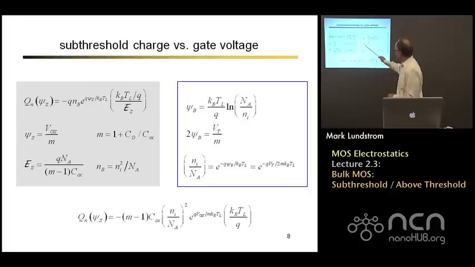So the relation between that band bending and the threshold gate voltage is just given by this simple voltage divider expression, which means that I can solve for Ni divided by Na. Actually, what I have is Ni divided by Na squared here. So when I solve for that, I'll get an e to the minus q threshold voltage over 2kT.